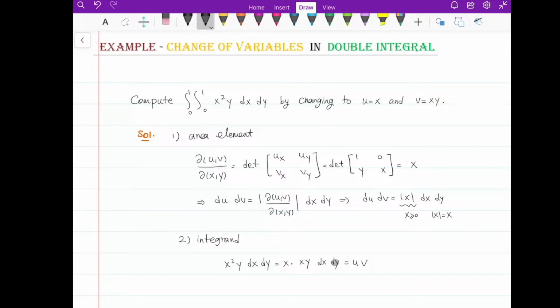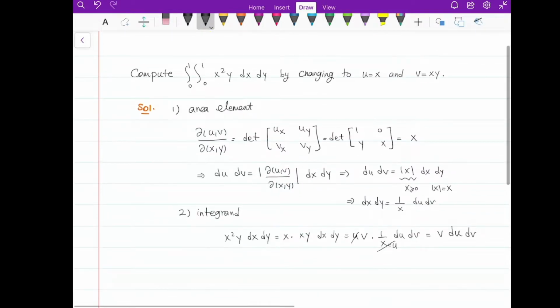So I can write dx dy as 1 over x du dv. So I get 1 over x du dv, and x is equal to u, so I get v du dv, or dv du. So I have the double integral of v du dv over the region R.